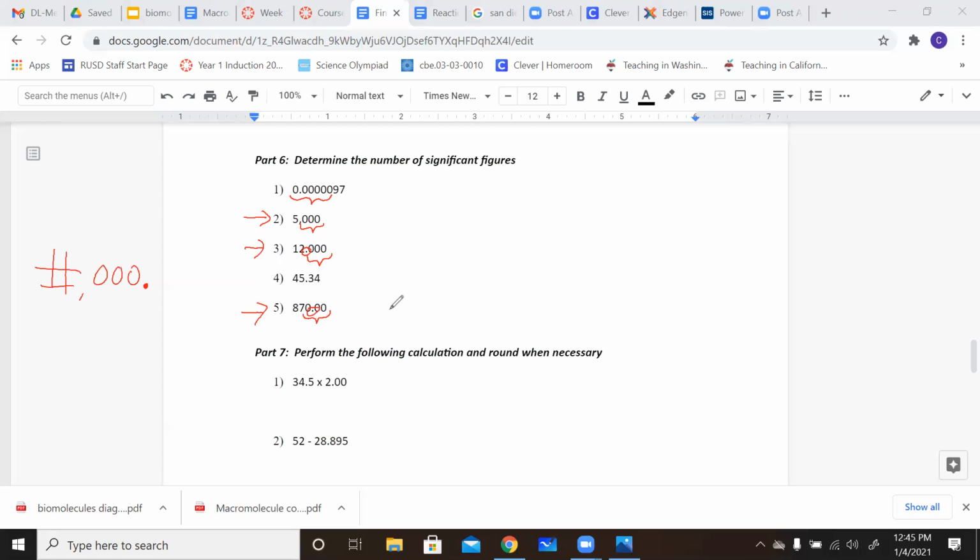Now, you may ask yourself, but Ms. Seiler, this has a decimal point and you said that those weren't significant. Yes, I did. And that is a little bit confusing, but the reason that these zeros are not significant is because an easy other way to write this number would be 9.7 times 10 to the negative 6.